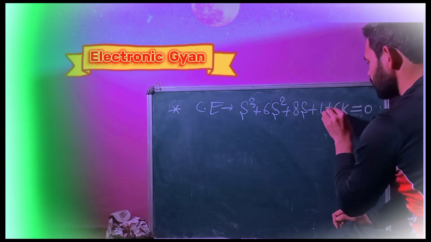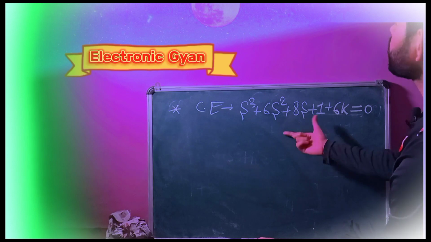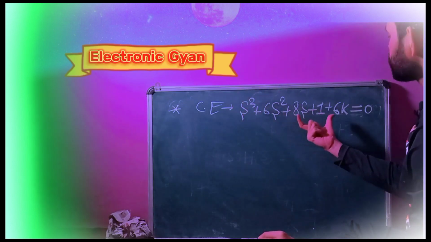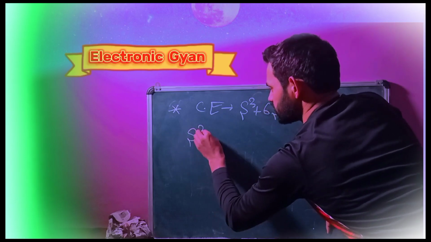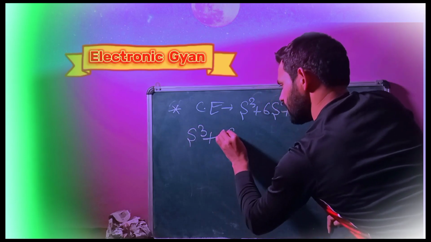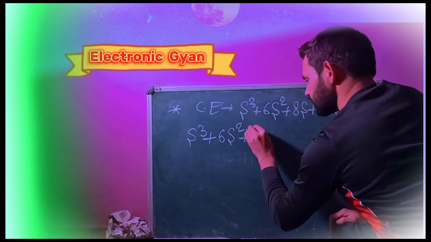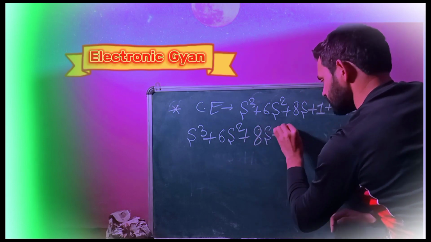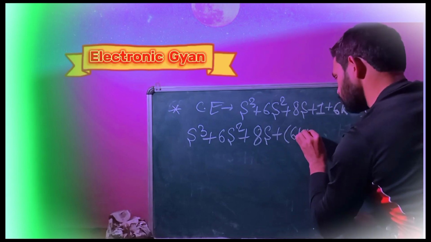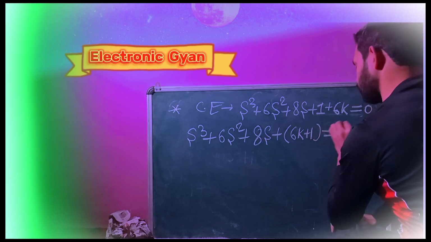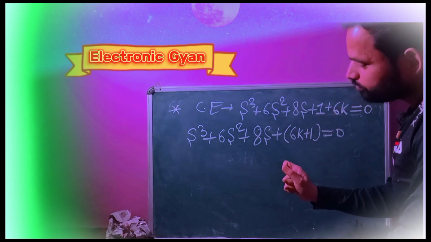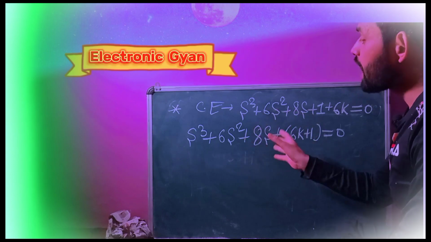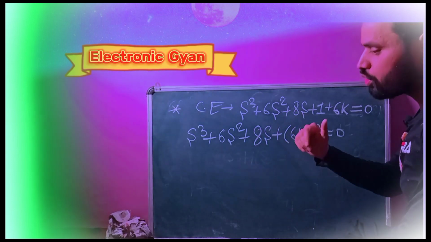This is the characteristic equation of the third order system. Writing it properly: S cube plus 6S square plus 8S plus 6K plus 1 equal to 0. Now here we are going to take the assumption of a second order dominant pole.